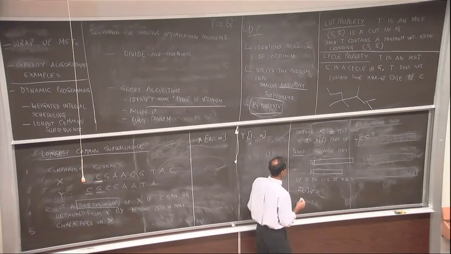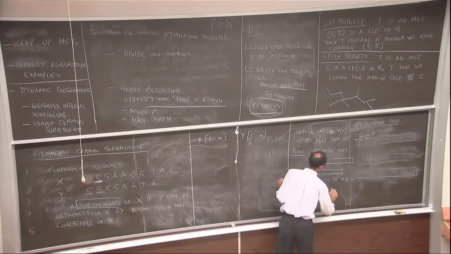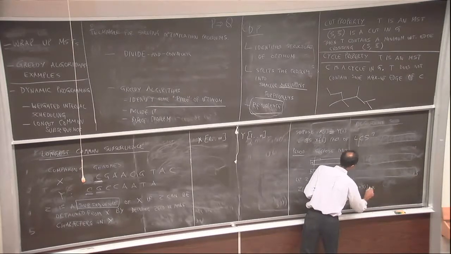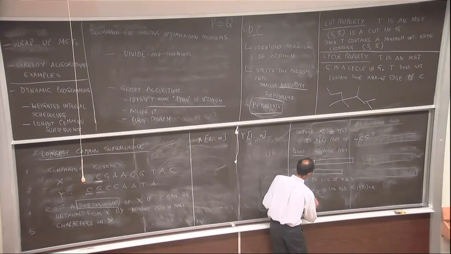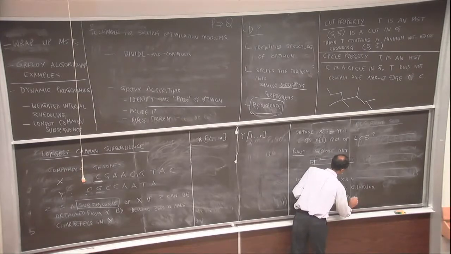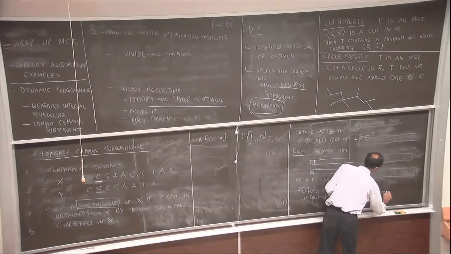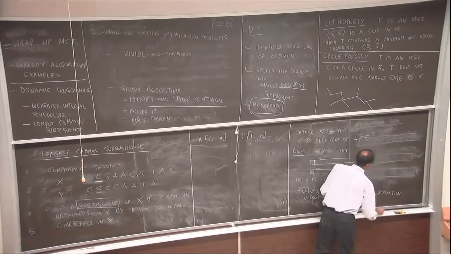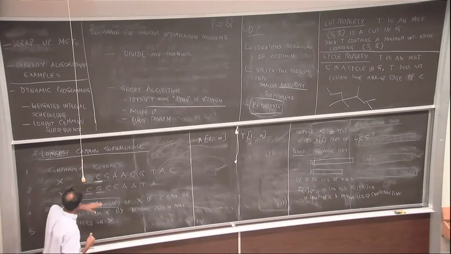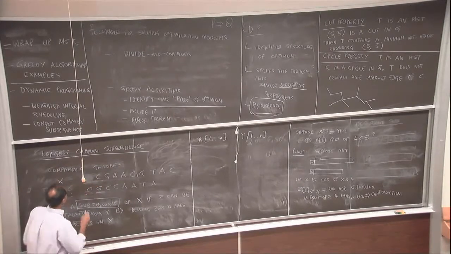Z1 is not equal to alpha, implies we can add alpha in front of Z. Okay? But the question is, what do we do when it's not the same?